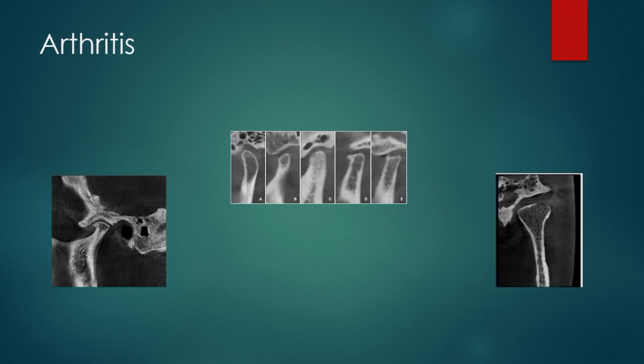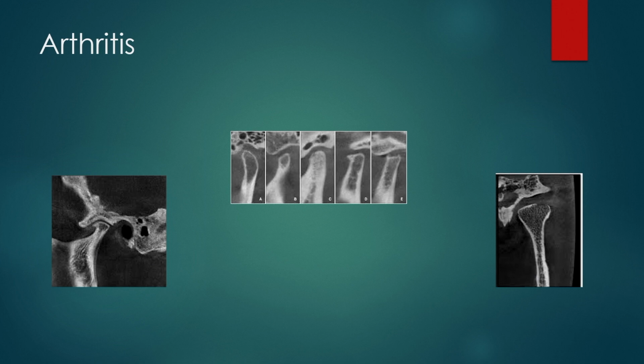So these are some images of what arthritis or arthropathy can look like. Basically in this image, you see the condyle's nice and rounded. The fossa is pretty well rounded, so that's pretty normal. But you can have flattening, you can have sclerotic change, and in this one you can see there are little projections of bone on both the anterior and the posterior.